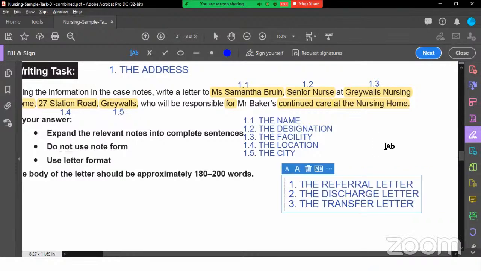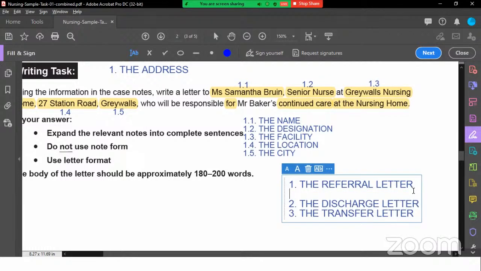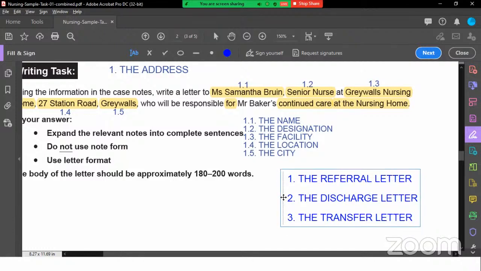There are three types of letter. Number one, referral letter. Number two, the discharge letter. Number three, the transfer letter. So this is the priority criteria. The first one is the referral letter.